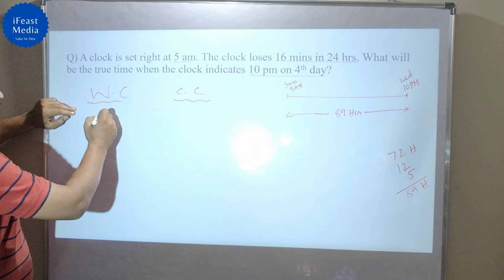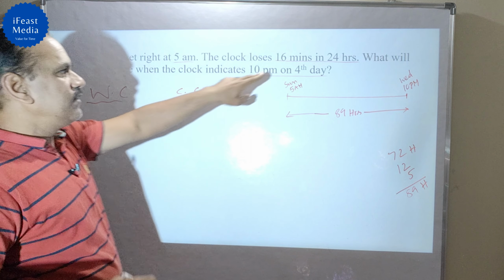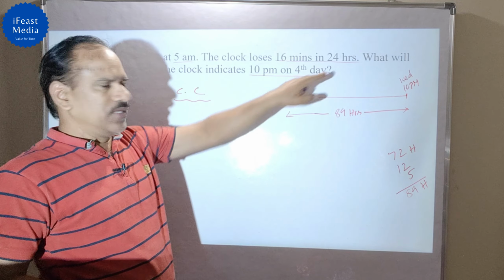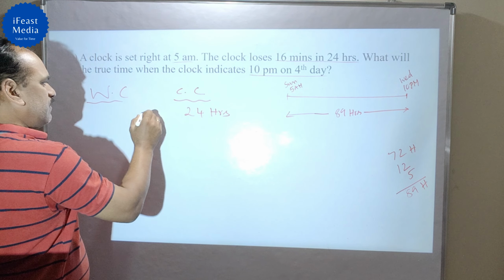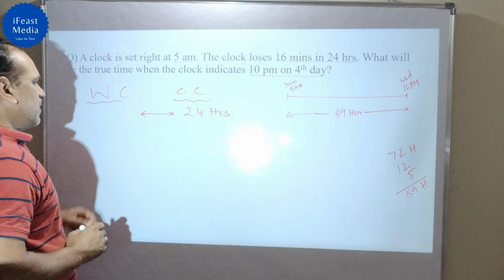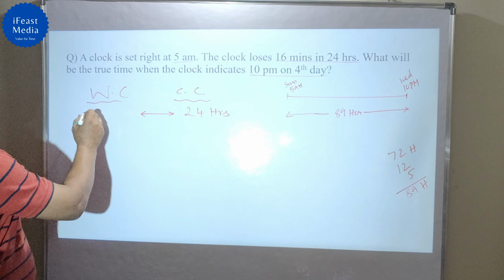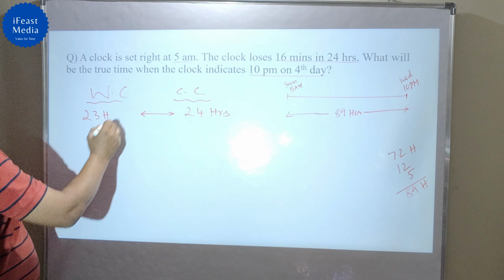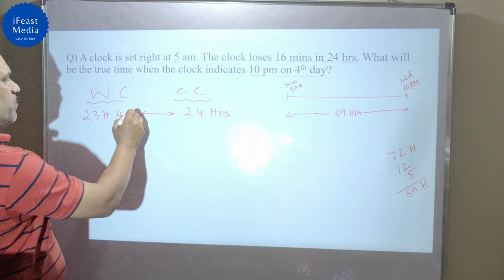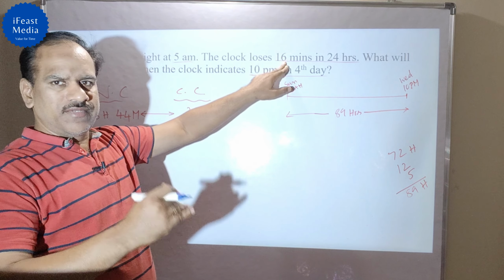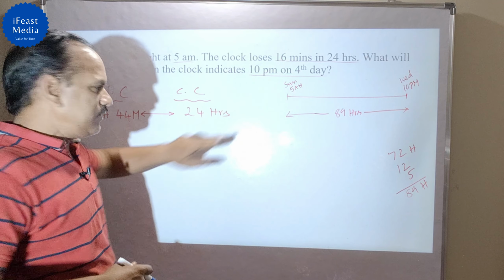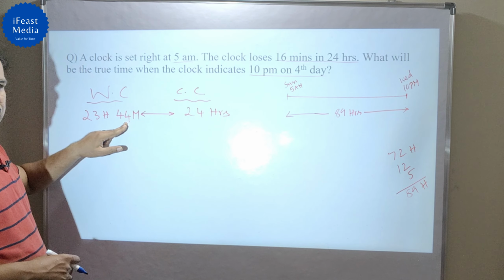So in wrong clock, because it loses 16 minutes in 24 hours, when it is 24 hours in the correct clock, this is equal to how many hours in the wrong clock? It should be 23 hours 44 minutes. Right? Because it loses 16 minutes, you subtract 16 from 24 hours, it is 23 hours 44 minutes.